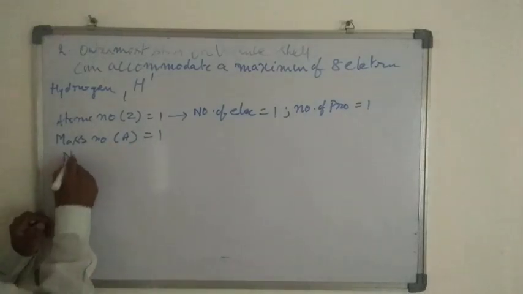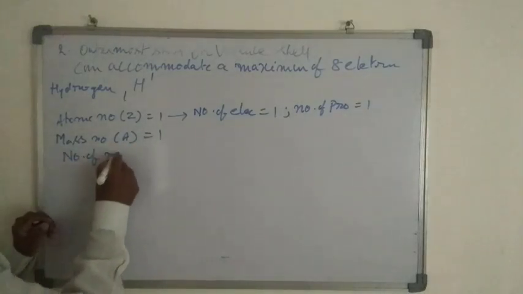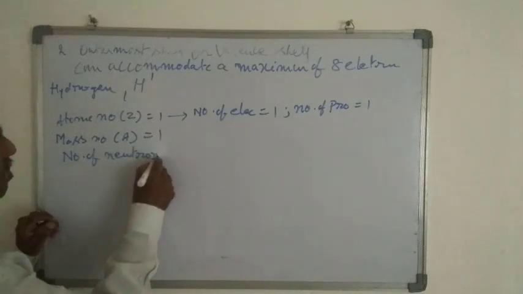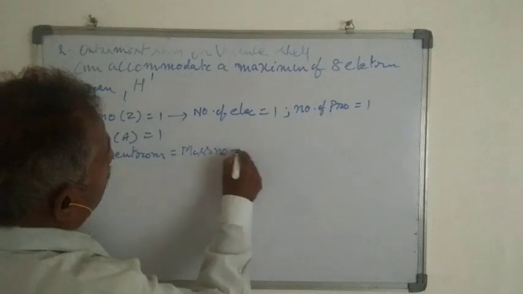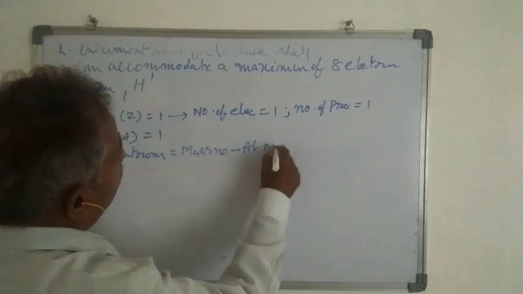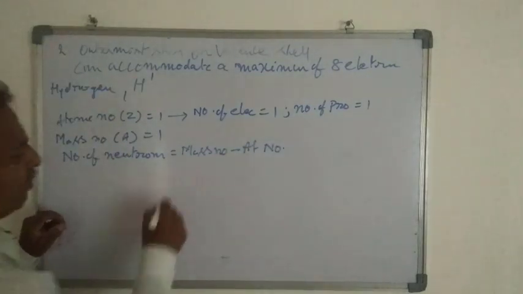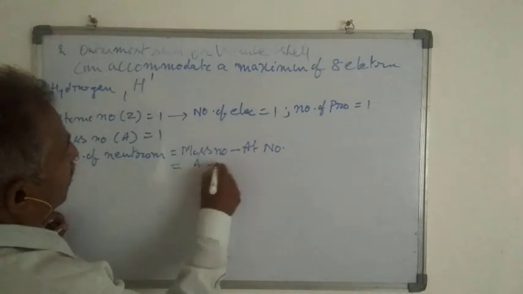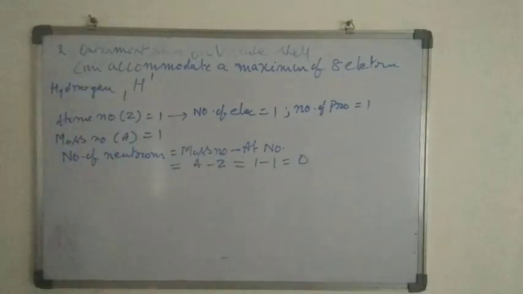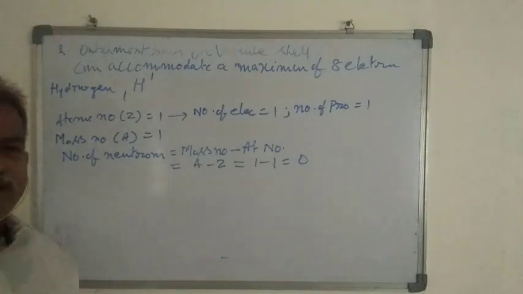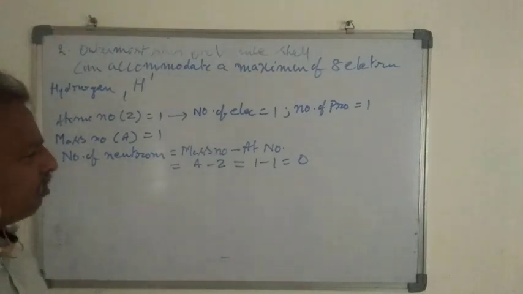Now how do we calculate the number of neutrons? Number of neutrons equals mass number minus atomic number: A minus Z equals 1 minus 1 equals 0. So hydrogen is an element without any neutron.